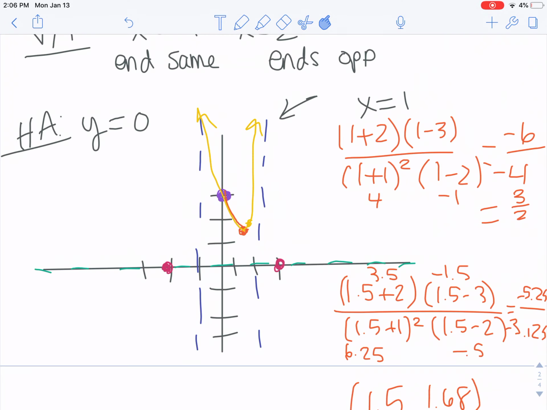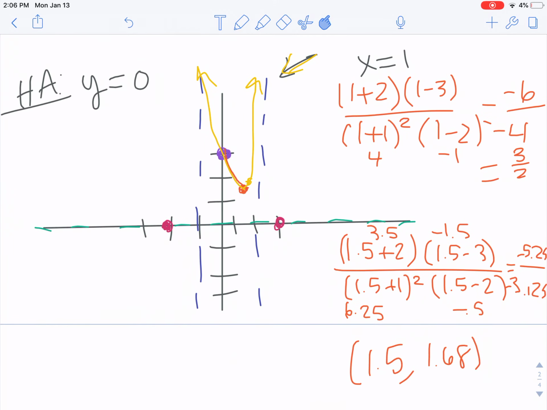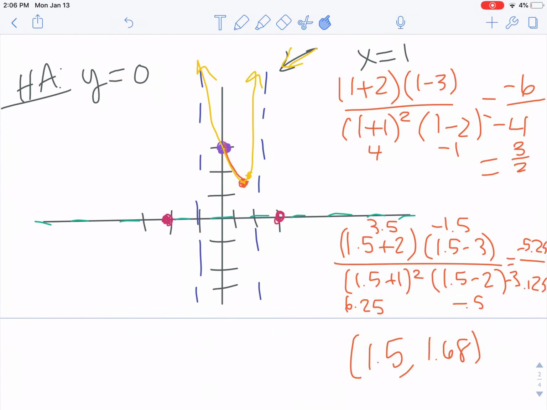And then what I know is that at this x equals 2 asymptote, my ends have to be opposite. So if I'm going up on this side of the asymptote, then I have to be going down on this side of the asymptote. And I know that I'm going to come up here to this intercept, and I'm going to have to cross it, okay?